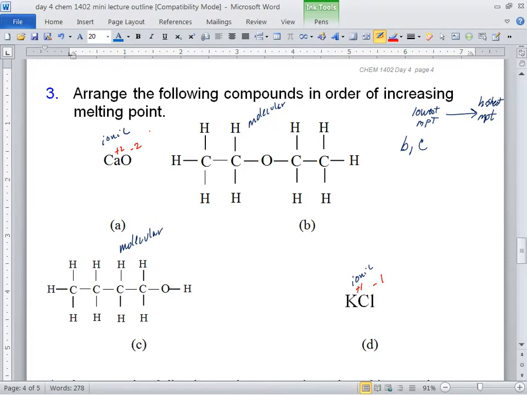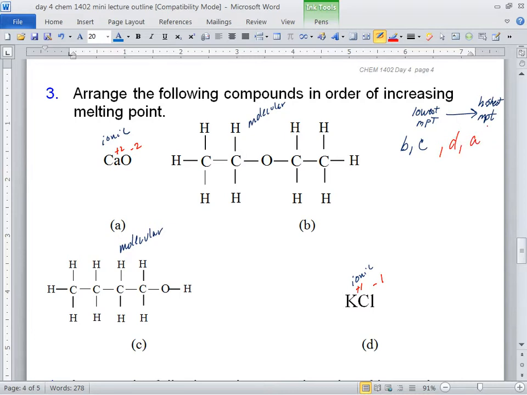These are twice as charged. They're twice as strong. +2 is, I don't know if it's twice as, no, it's going to be 4 times as strong. They magnify themselves. +2 and -2 are going to stick together much more strongly than +1 and -1. You can pull +1 and -1 apart 4 times easier than +2 and -2. So then it'd be D and A. Good.